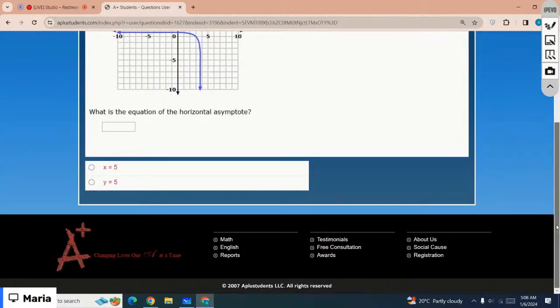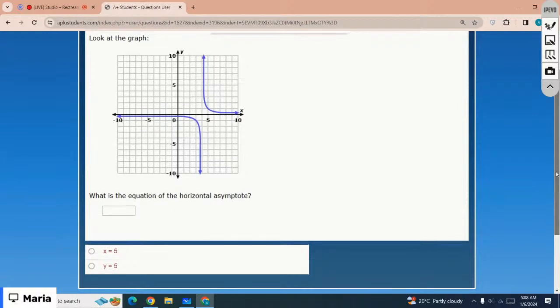Look at this graph. What is the equation of the vertical asymptote? Which is the correct option? So x is changing from positive to negative.